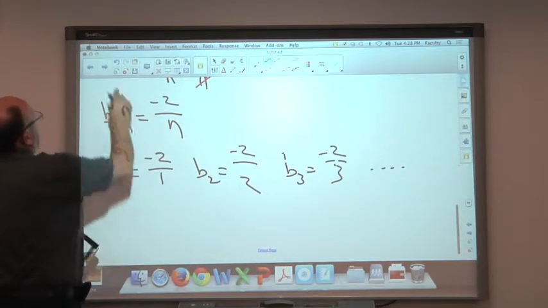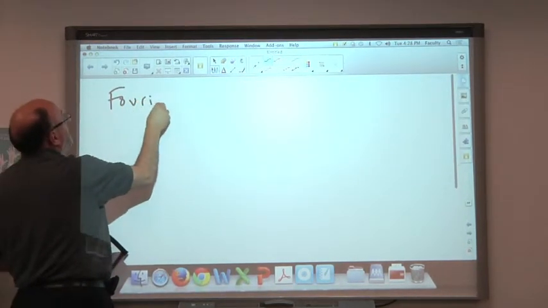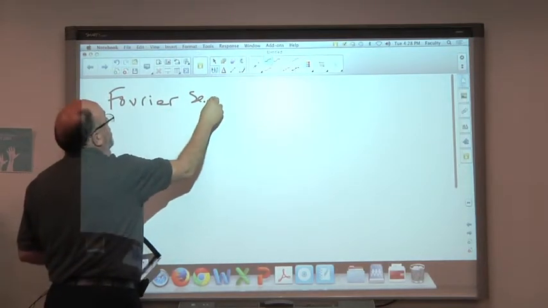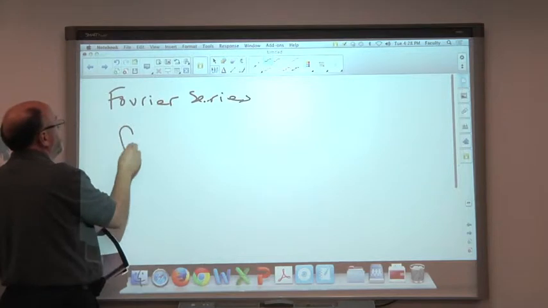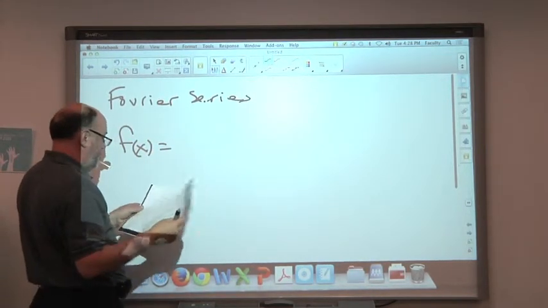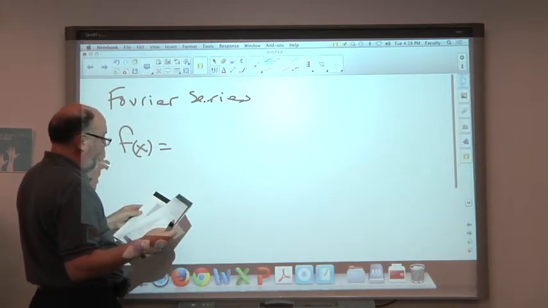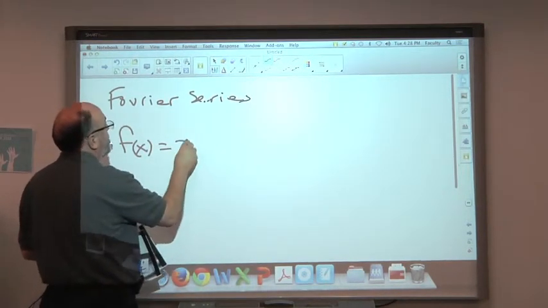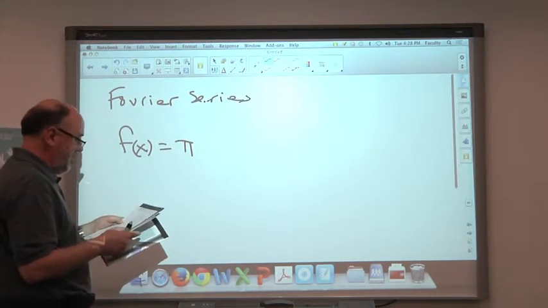So we end up that our Fourier series for this particular problem will be given by f of x is our first term we found, which was a naught. We said that was pi. The a sub n terms all went away.